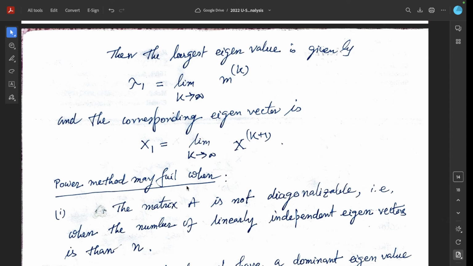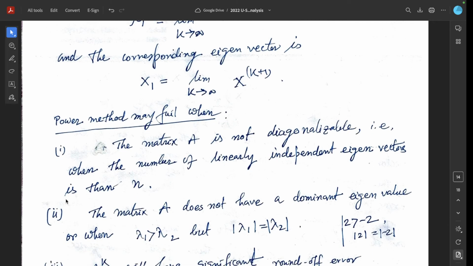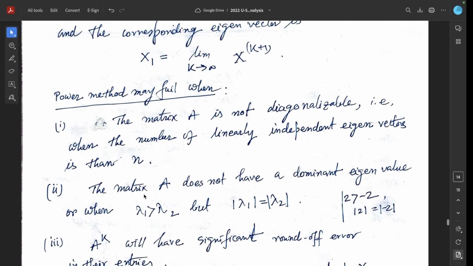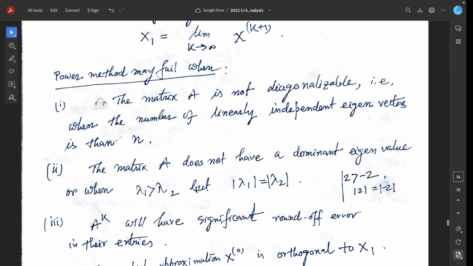Now, the power method fails when the matrix A is not diagonalizable, that is, when the number of linearly independent eigenvectors is less than n. Second, when the matrix A does not have a dominant eigenvalue, that is, when lambda 1 is greater than lambda 2 but the modulus of lambda 1 equals the modulus of lambda 2. For example, 2 is greater than minus 2, but the modulus of 2 equals the modulus of minus 2.